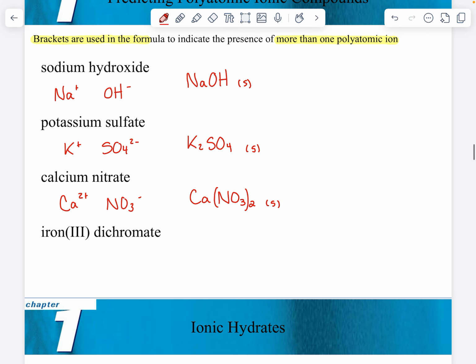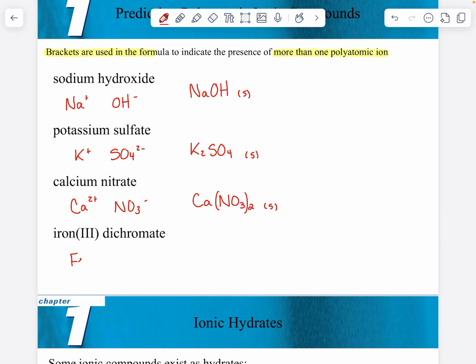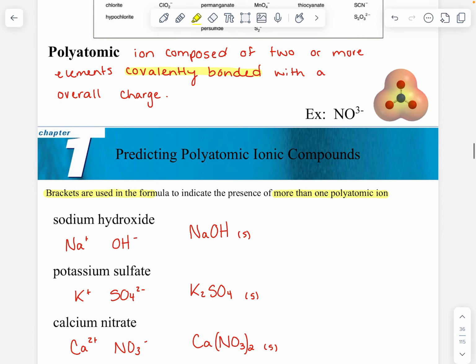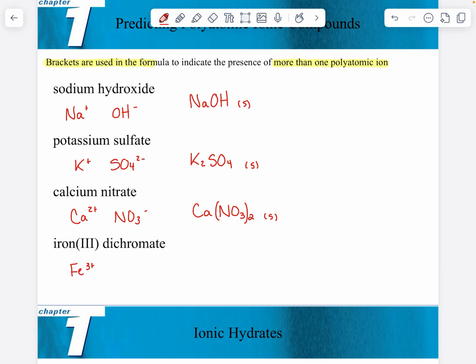And the last one, iron 3, that means we have Fe3 plus, and dichromate, here is Cr2O7, 2 negative. And then balancing those, we would need 2 irons. And then using brackets, we would need 3 of the dichromates.